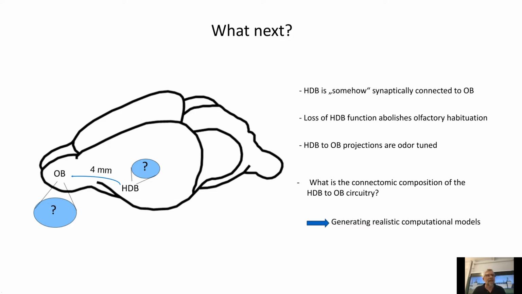And now, what is still missing is the hardware that controls this circuitry, and so we have teamed up with the team of Ulrich Kubitscheck to make a reconstruction of this region to see exactly who is connecting with whom, with the ultimate aim to generate computational models, realistic models, to better understand their biology.